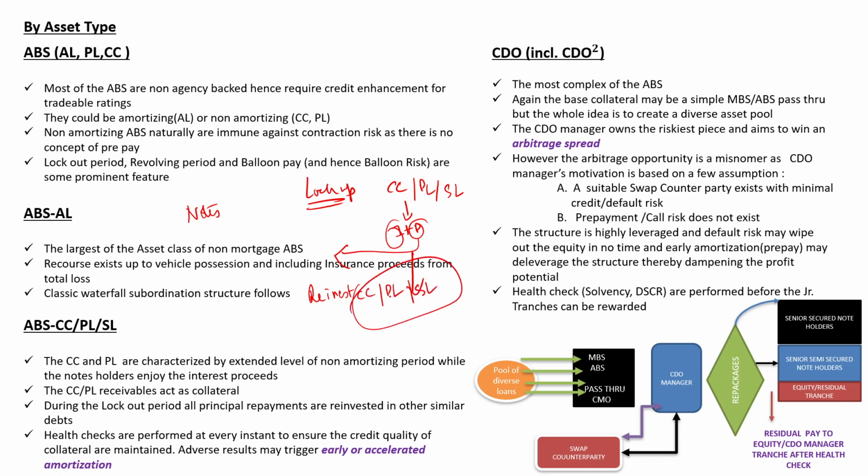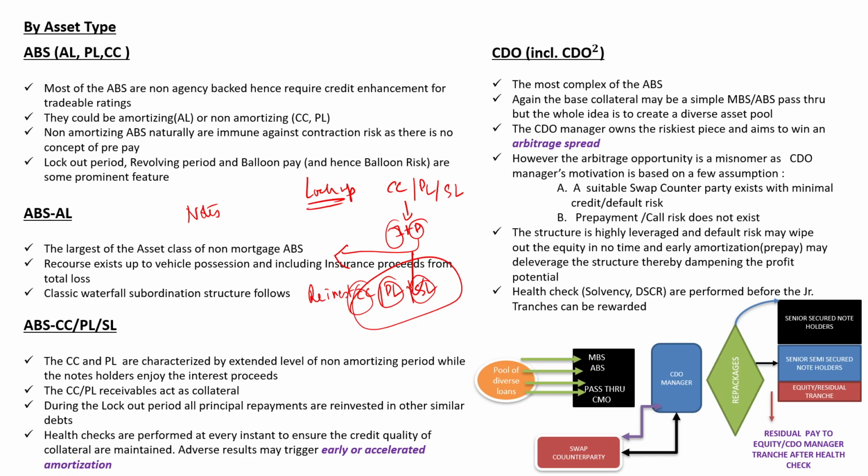Sometimes the asset classes are diversified and mixed all put together, so it might so happen that the notes emanating out of these unsecured products may comprise 50% credit card receivable, 25% personal loan, and another 20 or 25% student loan. It's quite possible because the nature of these assets is pretty similar.